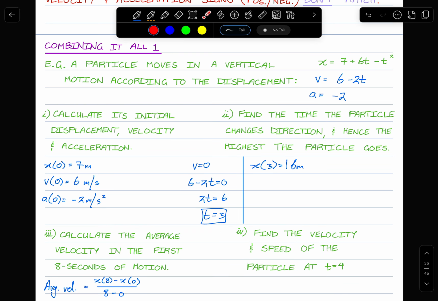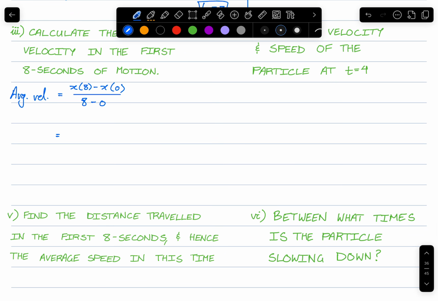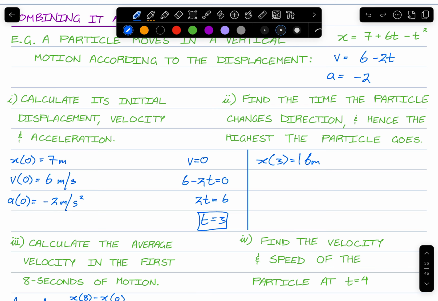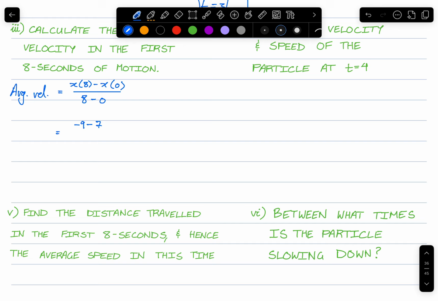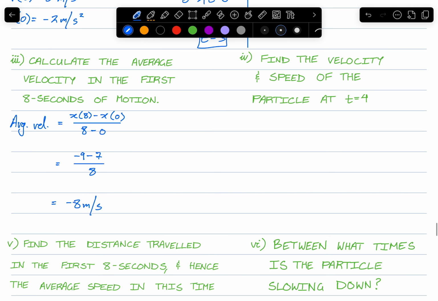So I'm going to substitute 8 into here. 7 plus 6 times 8 minus 8 squared gets negative 9, minus x of 0, which is just 7, over 8. This gives me negative 9 minus 7, negative 16 over 8, so negative 8 meters per second. So the average velocity is negative 8 meters per second.